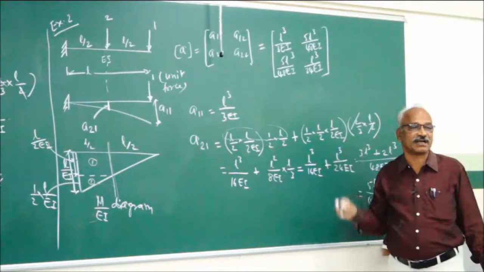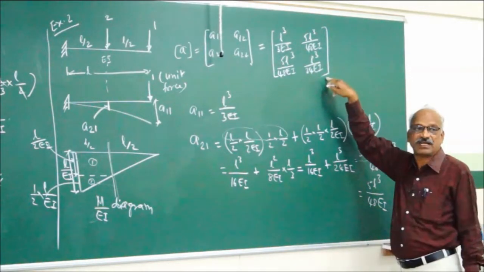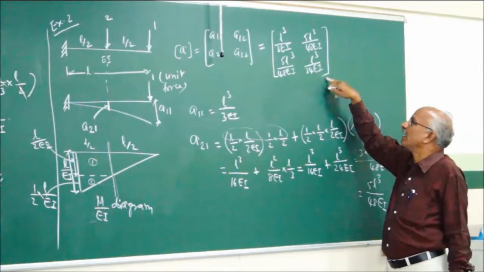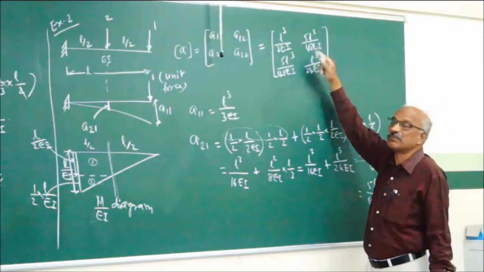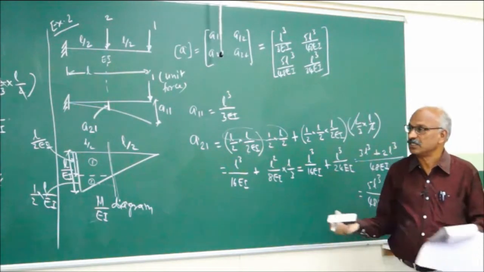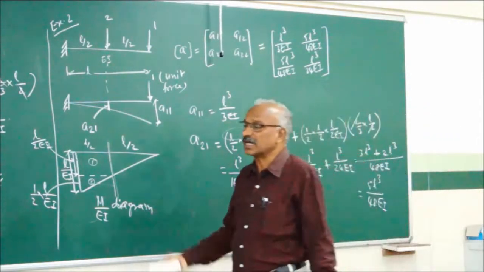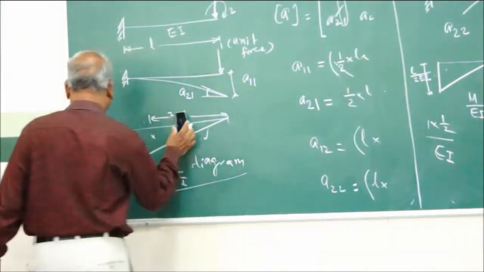Here also you can check that the values along the leading diagonal are positive, and A21 is equal to A12. This is a symmetric matrix. These properties you will have to check, so that if there is any mistake in the calculations, you can correct it then and there.